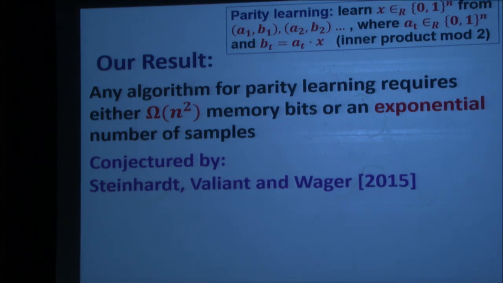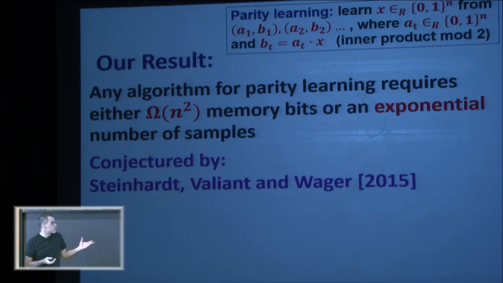The main result that I'm going to talk about is that any algorithm for parity learning requires either a memory of quadratic size or an exponential number of samples. So one of them you must do. Or in other words, if the memory size is less than quadratic, then you need an exponential number of samples.